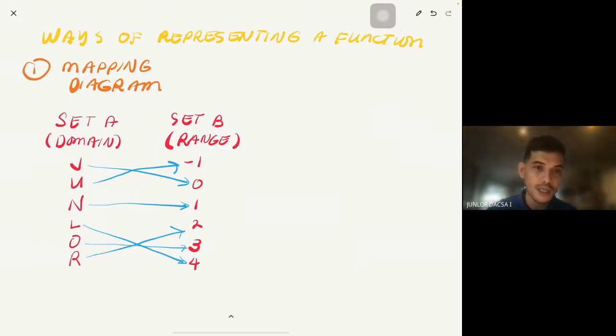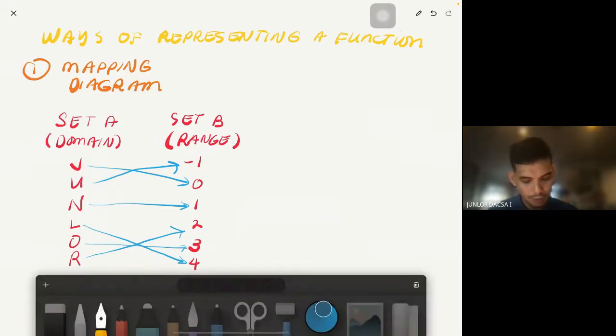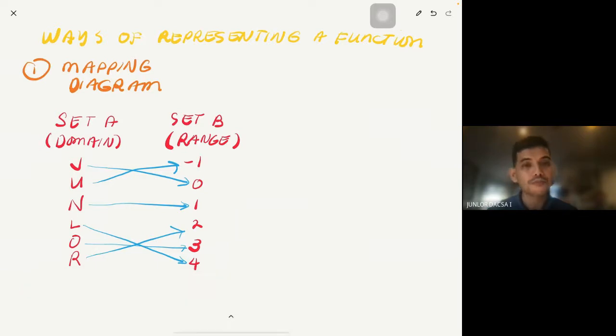So, ibig sabihin, hindi pwedeng ulitin yung domain. Hindi pwedeng mag-repeat yung element sa domain. Okay? How can we be able to convert this to another representation of function? So we can represent a function not only in mapping diagram. So we can also represent that through ordered pairs.